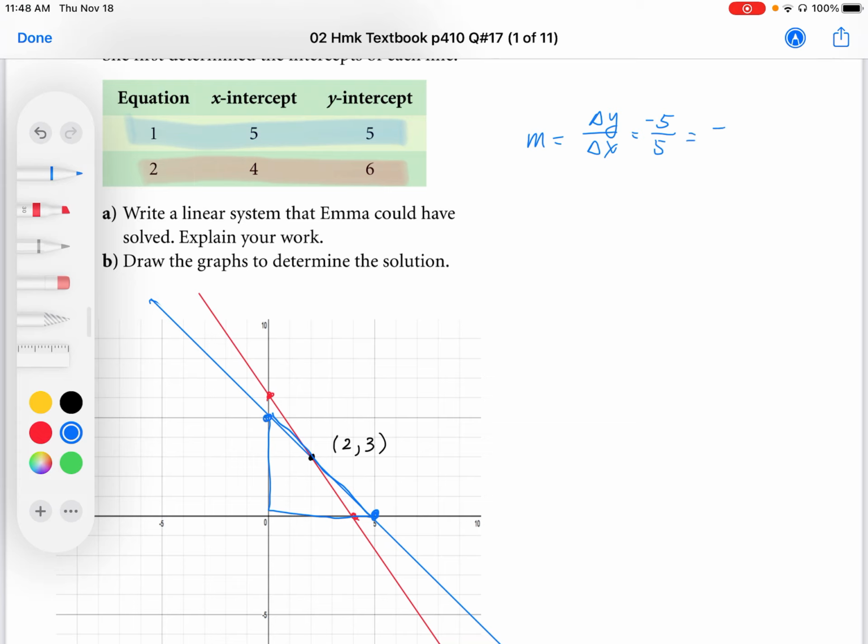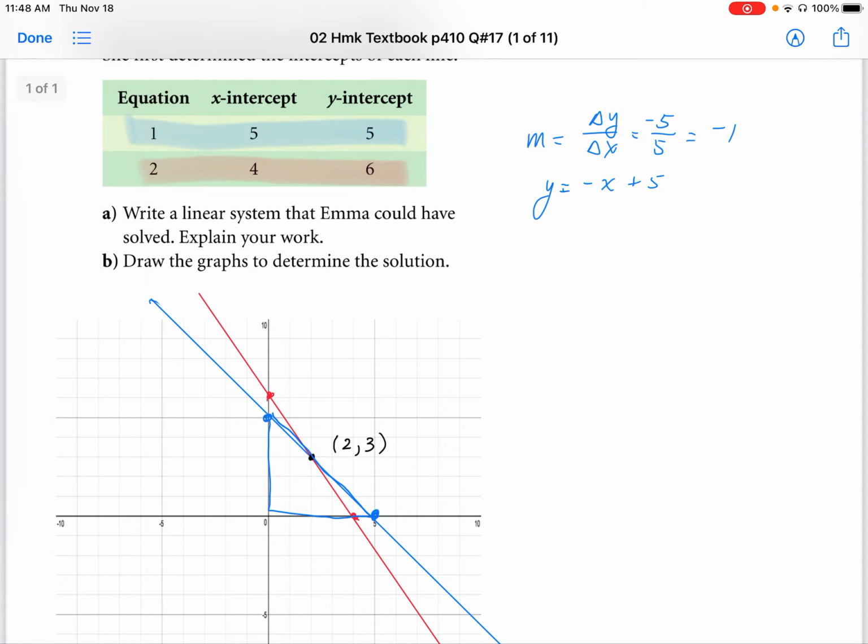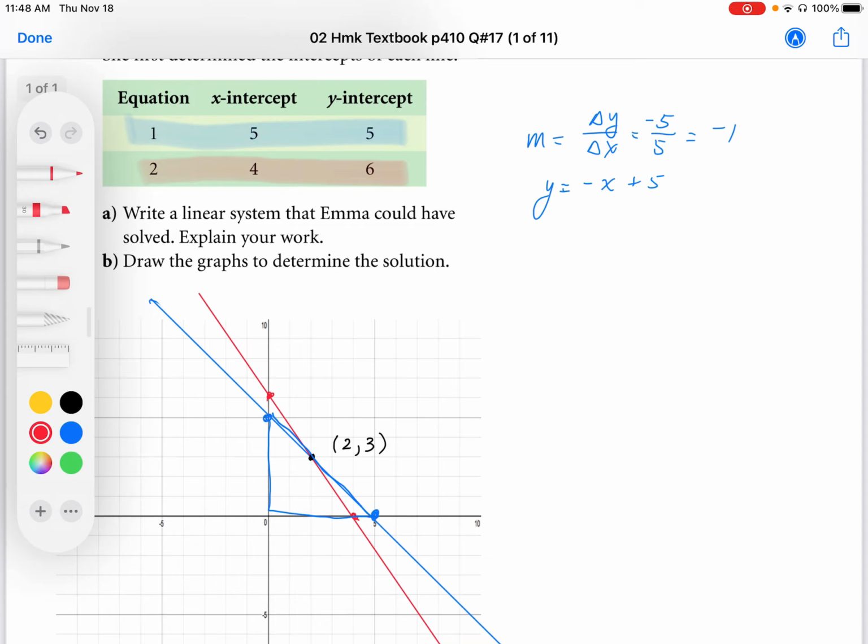And I can see that the slope is negative 1, and I can see the y-intercept is going to be at 5. So one of the equations is going to be y equals negative x plus 5. And then the other equation, we can come up with that too. If I take a look at the red slope triangle, I've got the change in y over the change in x.